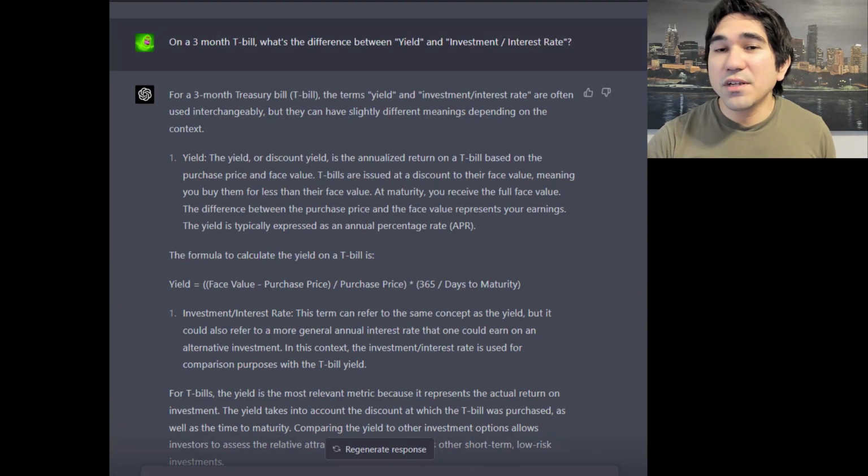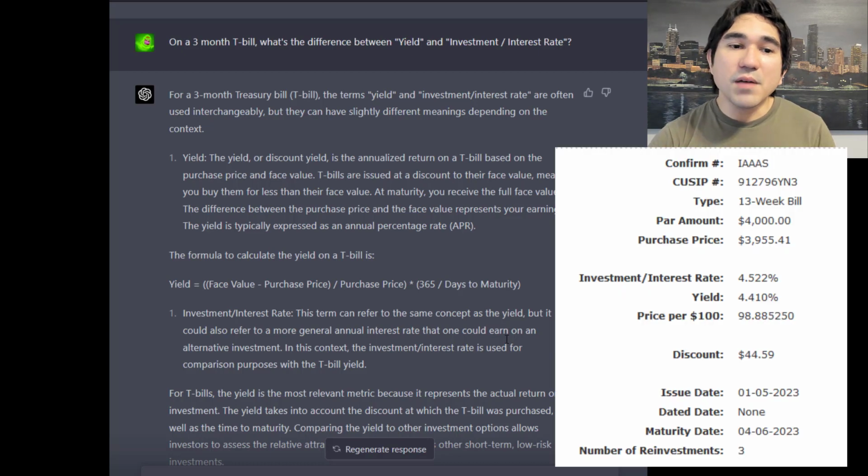I found that ChatGPT can also be a helpful resource when I'm trying to research the domain knowledge around a particular problem. So in this case, I was looking at the Treasury Direct website, and it gave me a couple of figures related to this T-bill. It provided something called the investment rate and the yield. And given it was a T-bill, I was a little confused what the difference was between investment rate and yield.